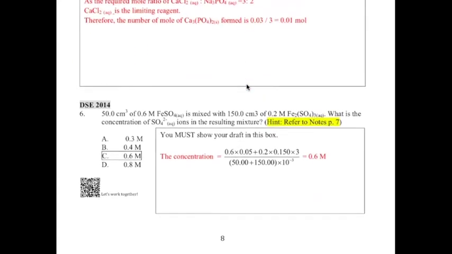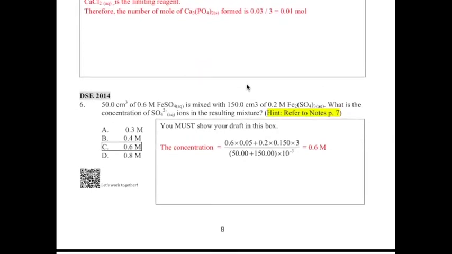Then the next one, quite a lot of students make mistakes for this one. So read the question. We have first iron 2 sulfate solution that's mixed up with iron 3 sulfate. And then what is the concentration of the sulfate ion in the resulting mixture?